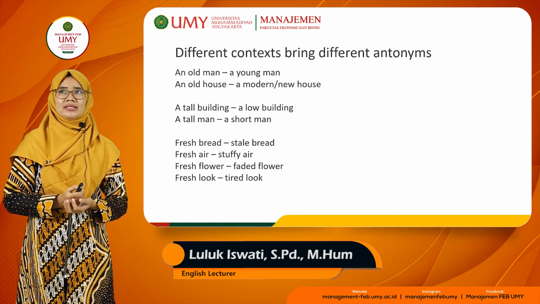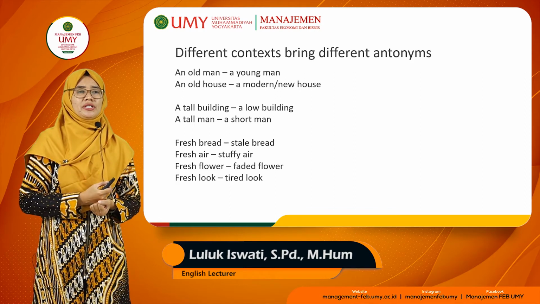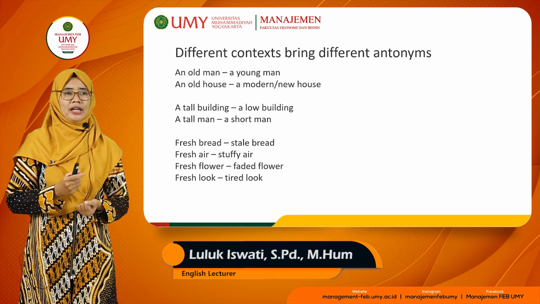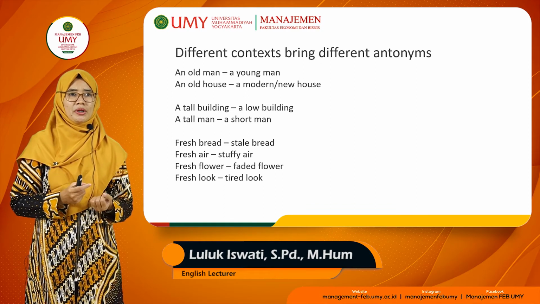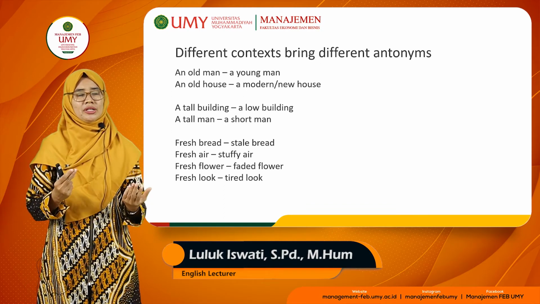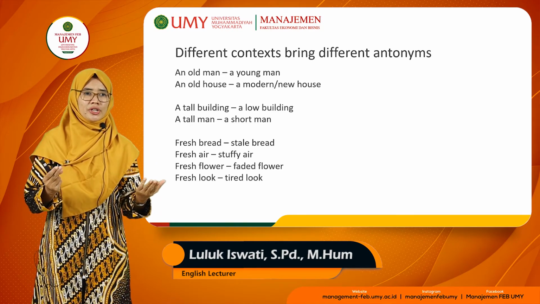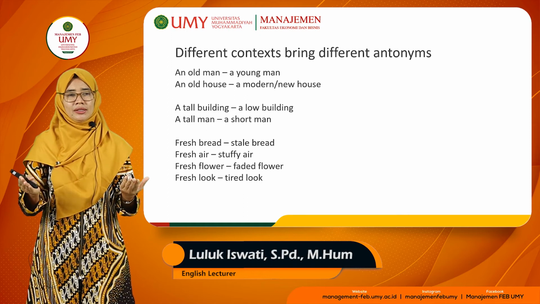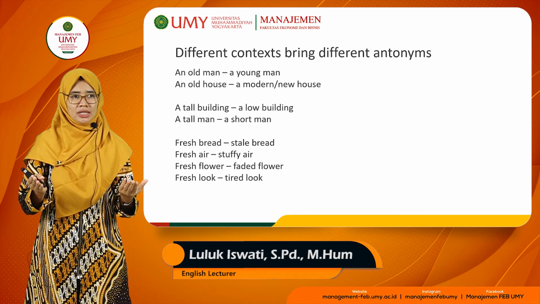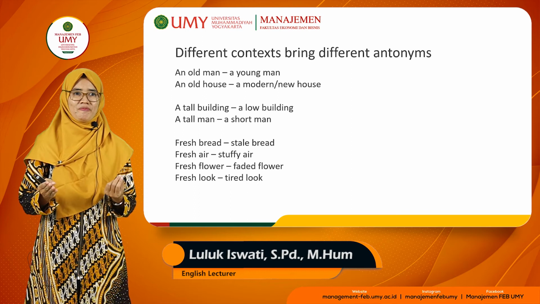Okay, the next, different contexts bring different antonyms. Remember, we also have to think about the context, because the context of a sentence or a phrase can result in the use of different antonyms, although the word is the same.